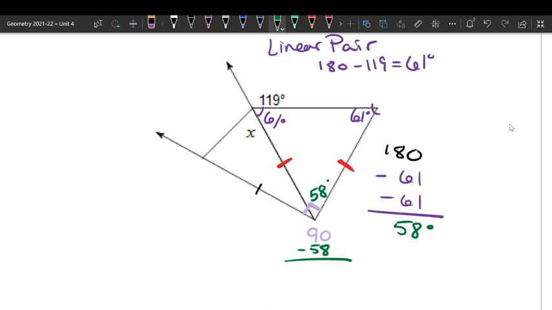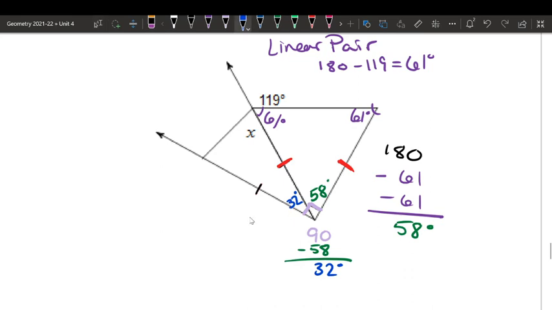So that's 32. So I know this angle is 32 degrees. So this is just a series of what do you know and what can you figure out next. One little step at a time, just working your way over.